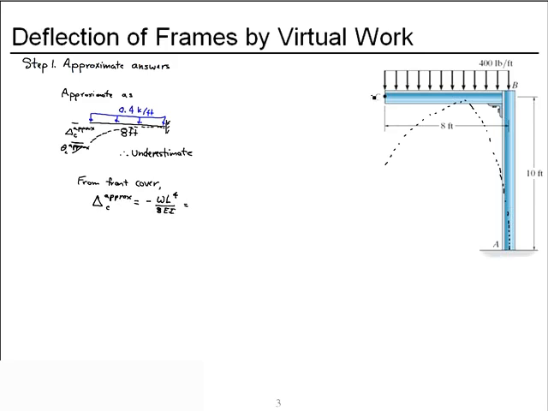Negative because those equations are based on up as a positive displacement. So we have negative 0.4 kips per foot, 8 feet raised to the fourth power, over 8EI. Put it all together, we have a prediction of minus 205 kip-feet cubed over EI. And it's negative, up would have been positive.